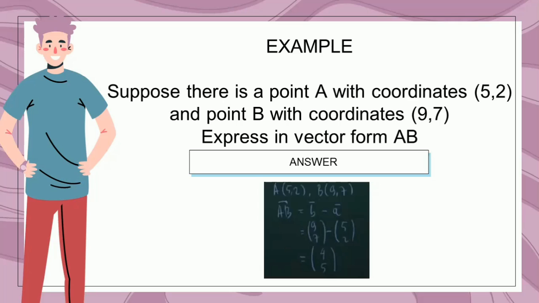Answer: we use the non-position vector formula. Vector AB equals vector B minus vector A. We express it in the form of a column matrix (9, 7) minus (5, 2). So the vector AB is equal to (4, 5).